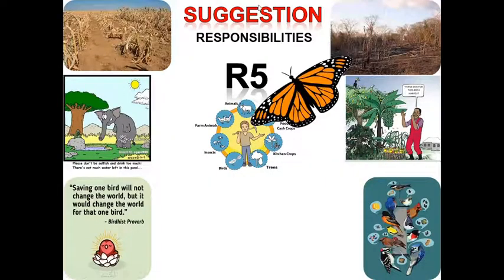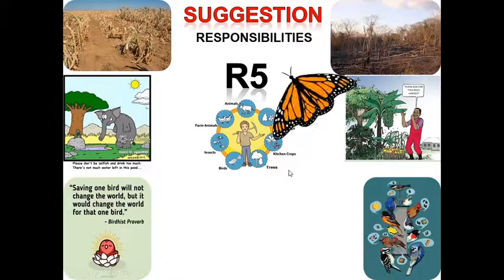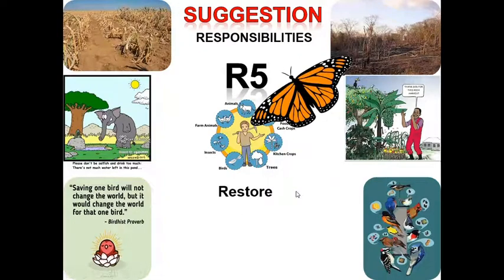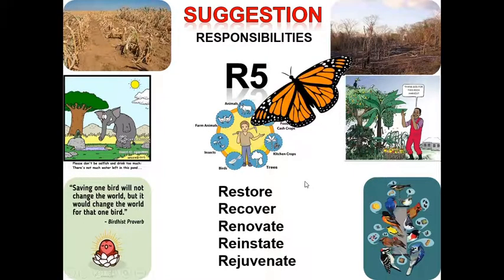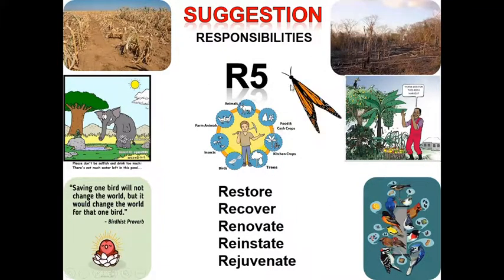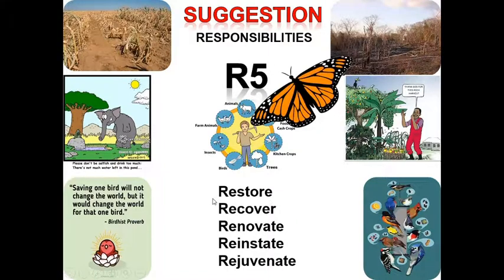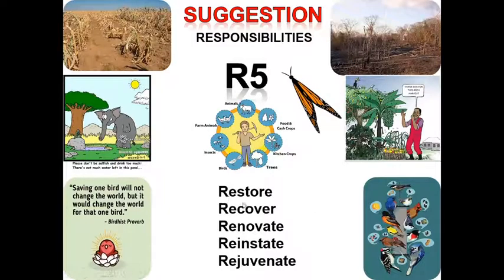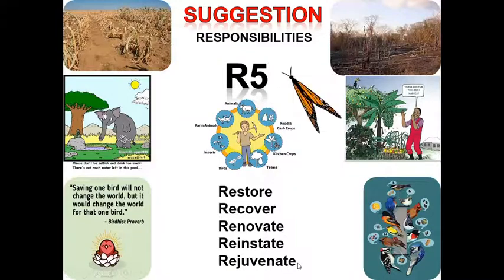And here are a few suggestions and responsibilities which I can make for you. First one, restore, recover, renovate, reinstate, and rejuvenate. So if we conserve all the B5, by doing this, definitely we can restore, recover, renovate, reinstate, and rejuvenate.